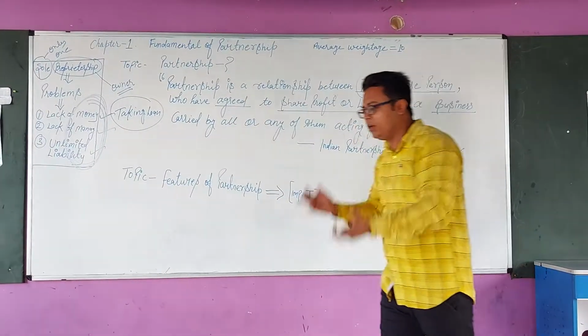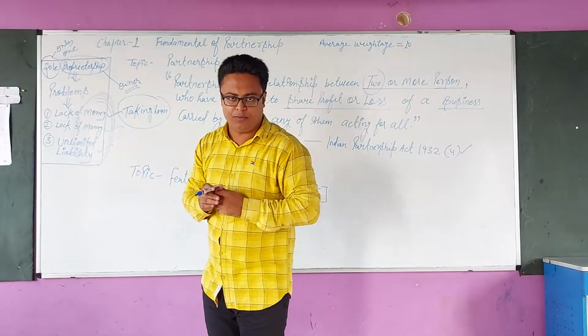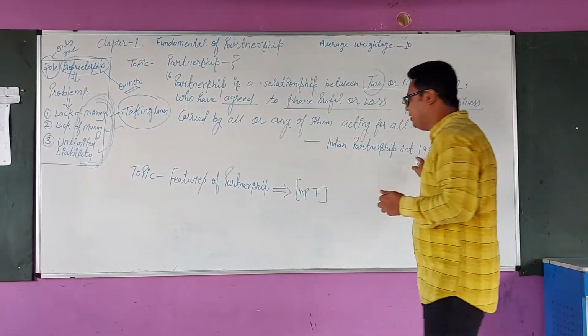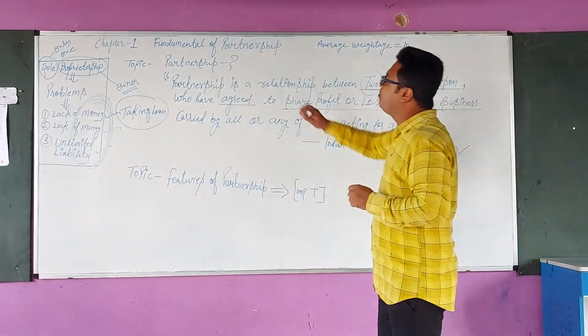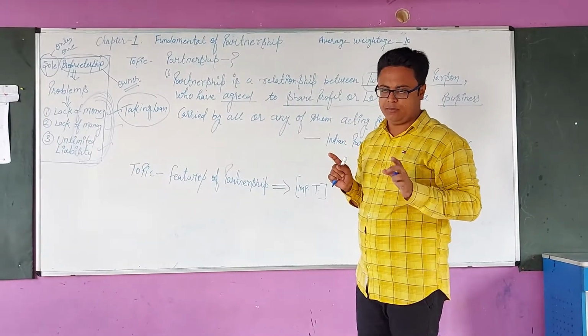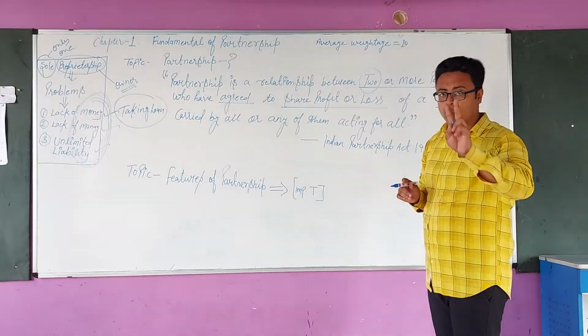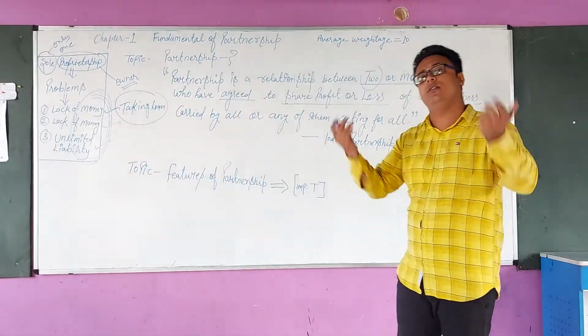We have a separate law to deal with partnership, that is the Indian Partnership Act 1932. So the Act says that partnership is nothing but a relationship between two or more persons.